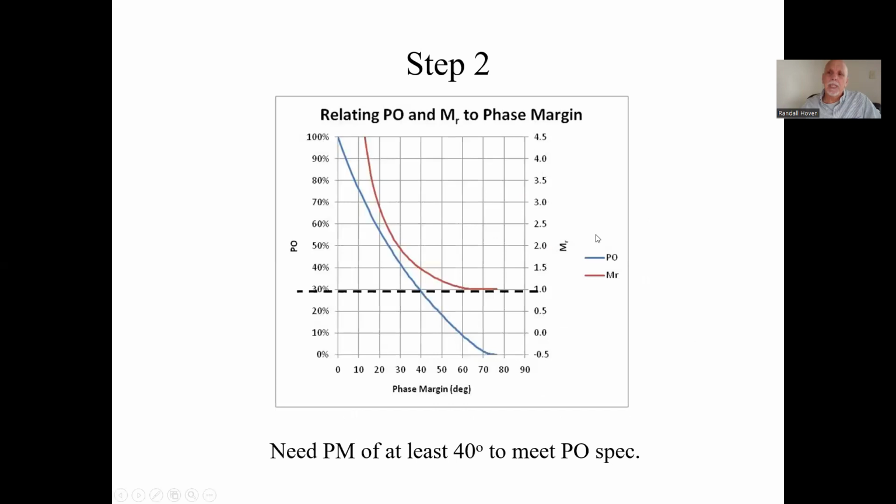What phase margin do we need? The peak overshoot spec was 30%. Here's our 30%. Come over to the blue line. It's about there. That's about 40 degrees of phase margin. This is all based on a prototype second order system dominant pole concept.